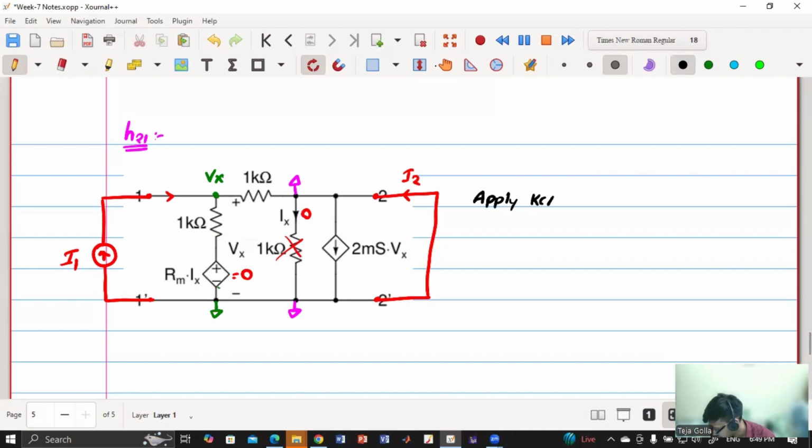So now we'll apply KCL at Vx. Let us assume the direction of the currents. I'll assume current is flowing like this and like that. Current entering is equal to current leaving.